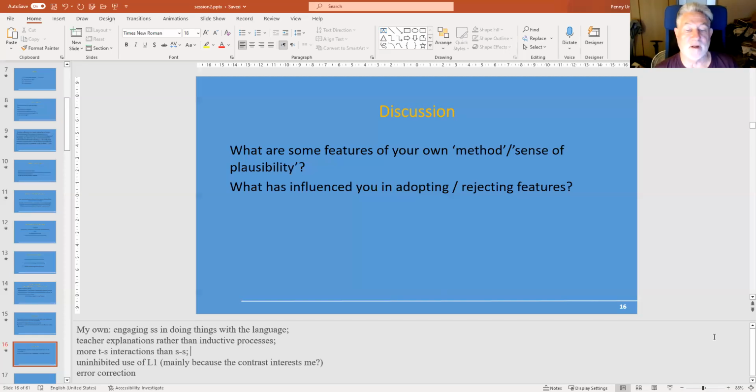So I'm trying to get them to think about how to think in English or in Japanese, so that we can think about writing and the relationship between reading.